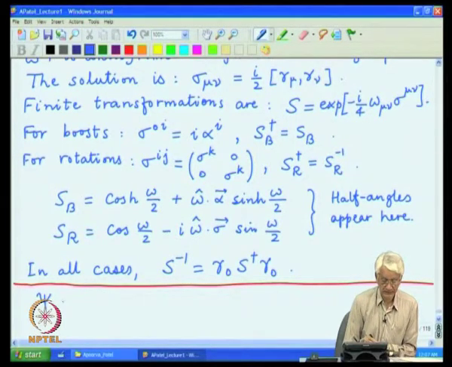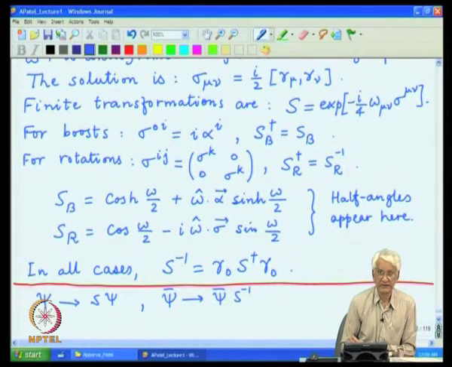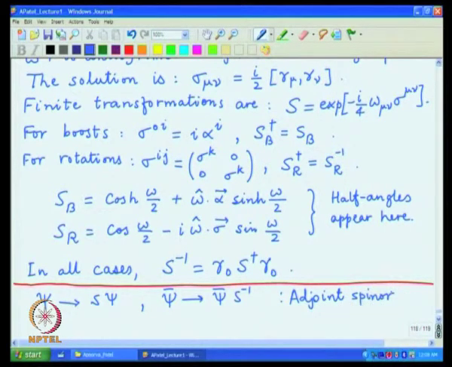Just like psi goes to S times psi, we want to find a quantity which transforms as psi bar goes to psi bar S inverse, and this defines the so-called adjoint spinor, and one can construct invariants by combining psi bar and psi, so that the factors of S cancel out.